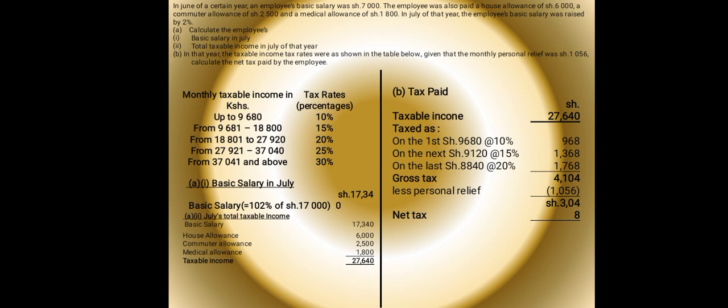And then, having found the increase in basic, just add other payments and benefits, and the total taxable income becomes 27,640. Now the tax paid computed per bracket, the gross is 14,104 shillings, less personal relief of 1,056 shillings. You get that the employee paid a net tax of 3,048 shillings.